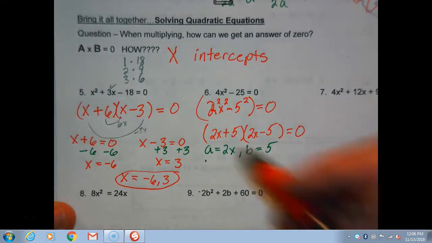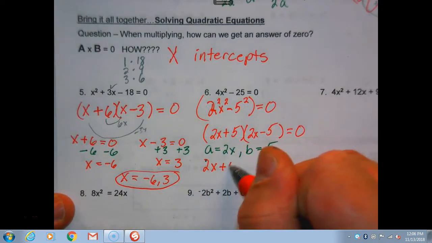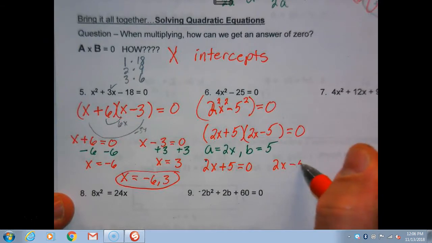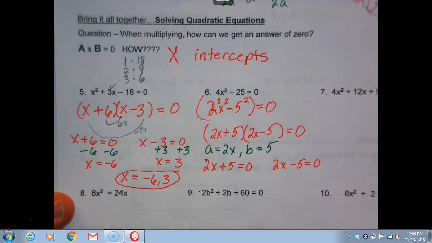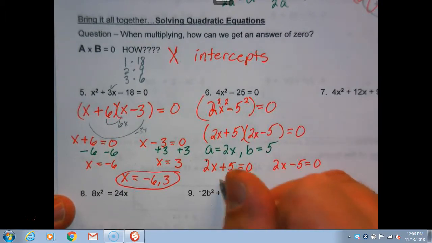Set them each equal to 0. What are my x-intercepts? Bless you, my son. Very well. Now for x, these are two-step equations, aren't they? Minus 5, and then what?